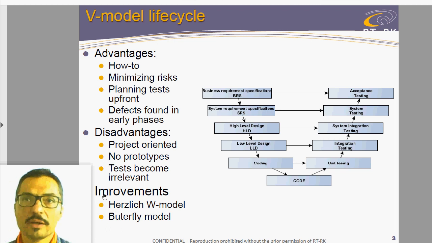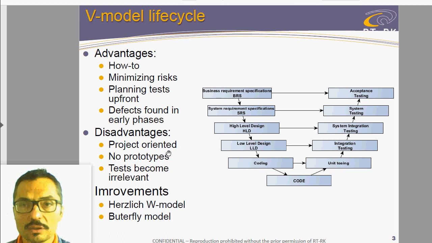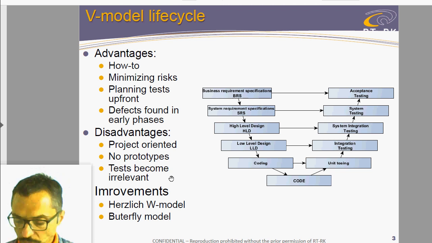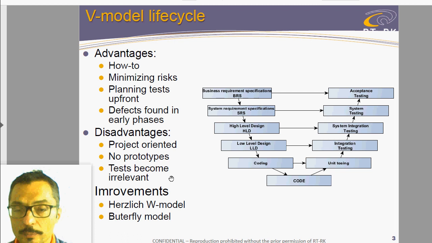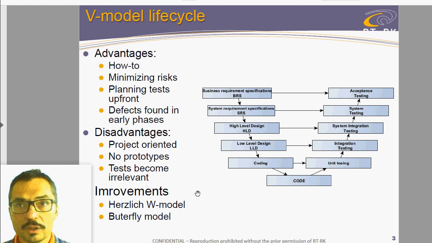And also the butterfly model, which focuses on test design already in early phases, not only on test execution. Our goal is to create a domain-specific language that can somehow align system test cases with system requirements.